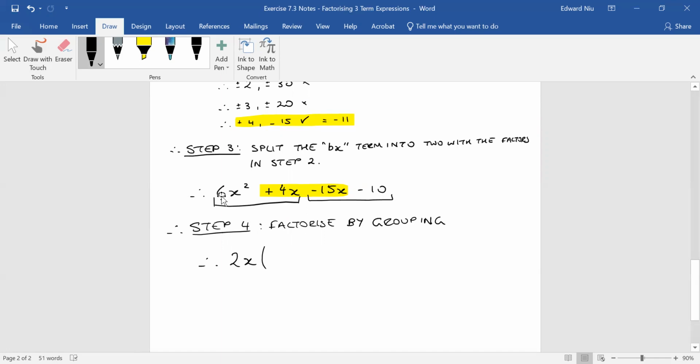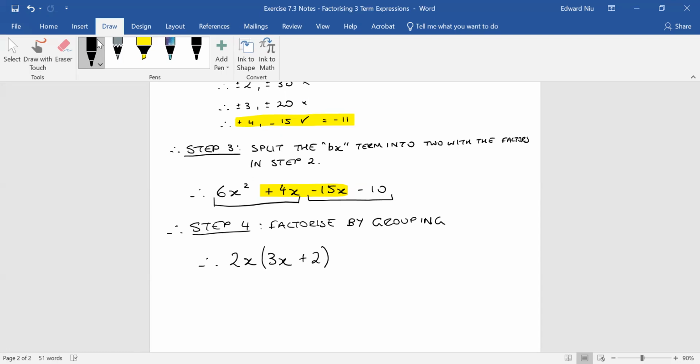Or along the other way around, 6x squared divided by 2x would get us 3x. So we would have 3x because 2x times 3x gets us 6x squared. And then we would have 4x divided by 2x, which would get us 2. So that's a first group done.